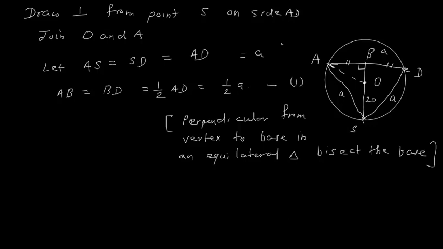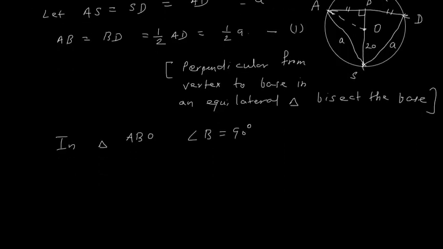Now I will take triangle ABO. In triangle ABO, angle B is 90 degrees. So therefore OA square is equal to AB square plus OB square.